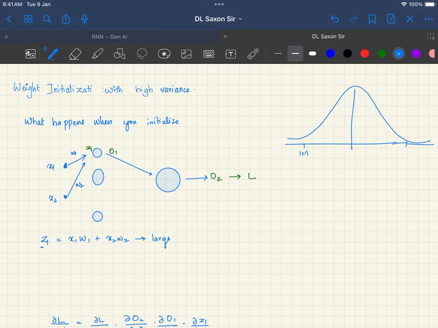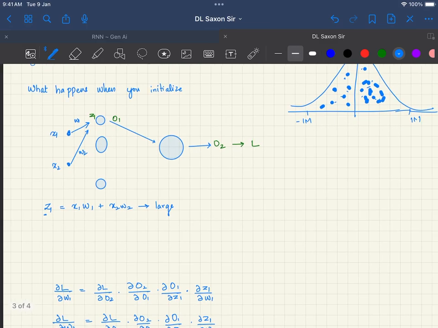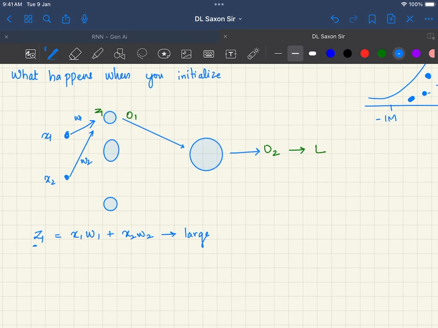So this is going to be minus 1 million, and this 1 million, and these values are so big, very huge. So what will happen when we use huge values? Same ANN, same neural network, sorry, I forgot one neuron here. Same thing here.